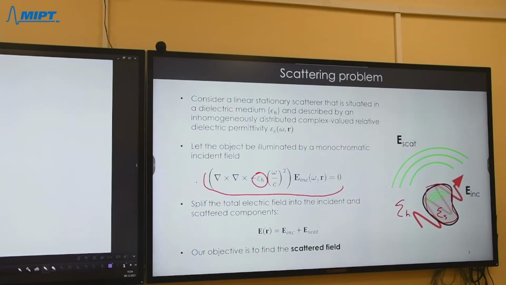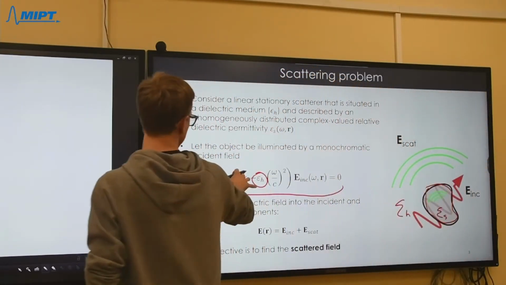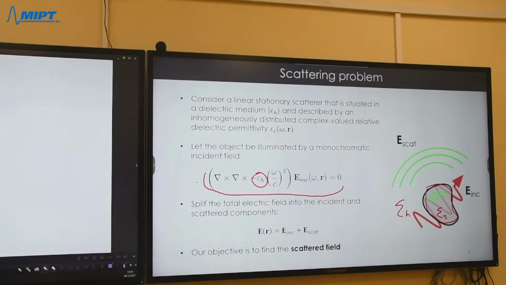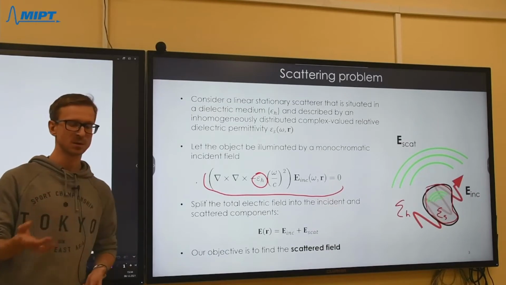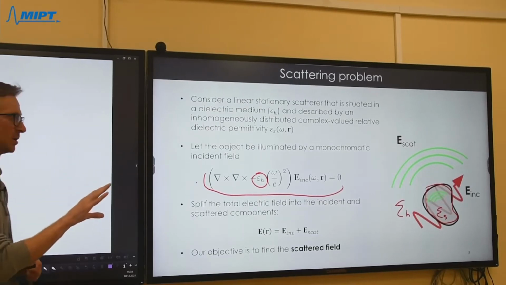Okay, so we remove this object, and the incident field satisfies this equation. And we already solved that equation, and we obtained plane waves, Bessel beams, Gaussian beams, spherical harmonics, etc. So these are all the kinds of solutions that satisfy the homogeneous wave equation in the absence of any scatterer.